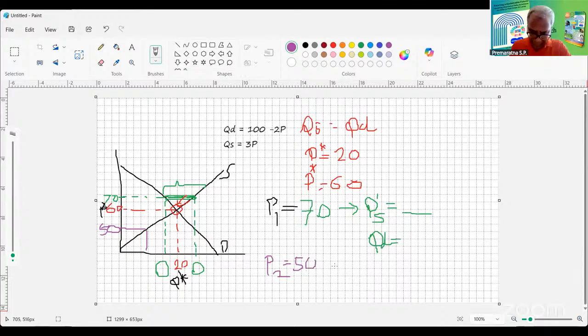Now look, since the price is below the market price, the producers are not encouraged, and only the most efficient producers can produce. With that, the supply goes down to this level, let's say S2 level.